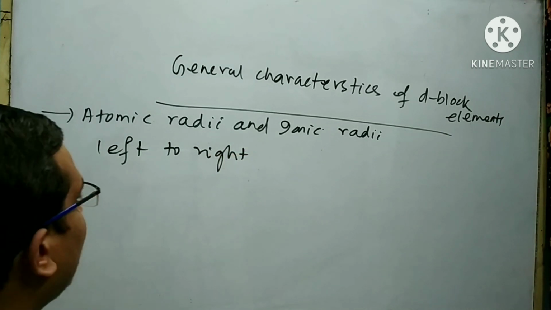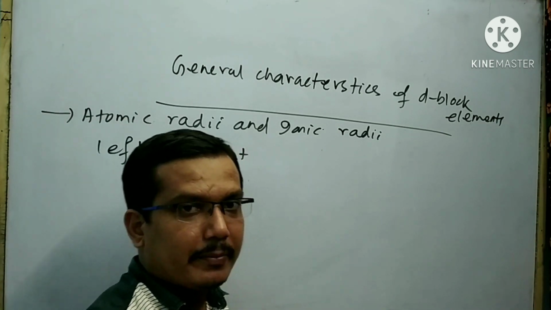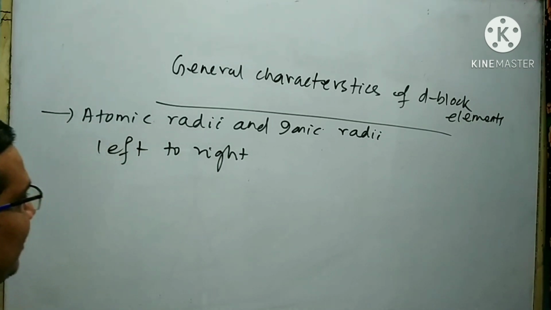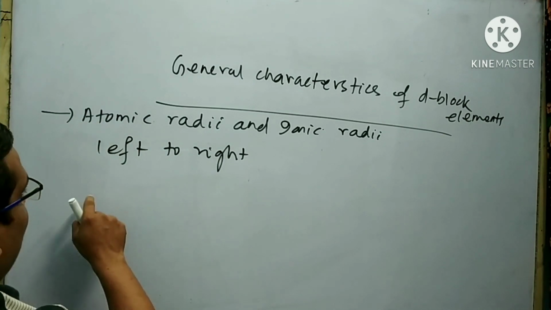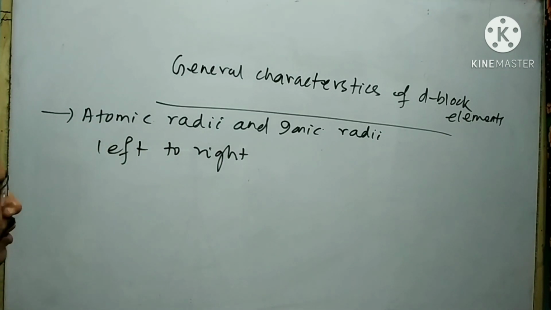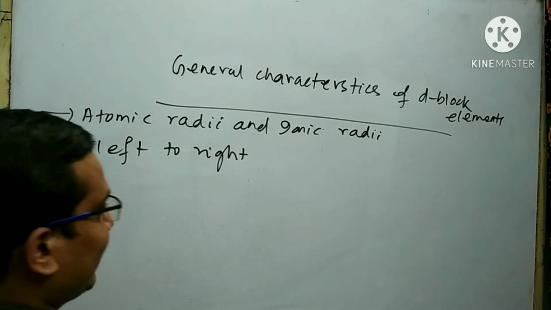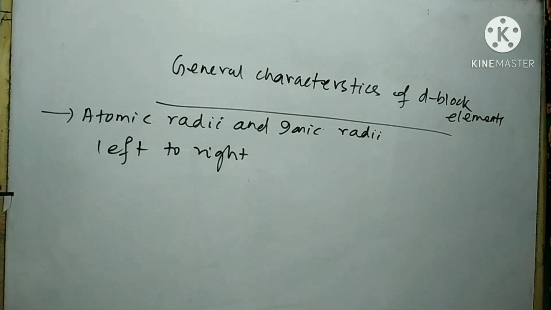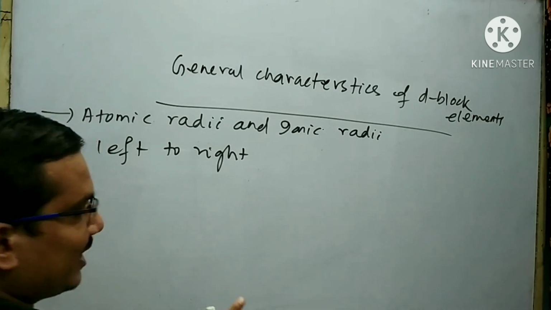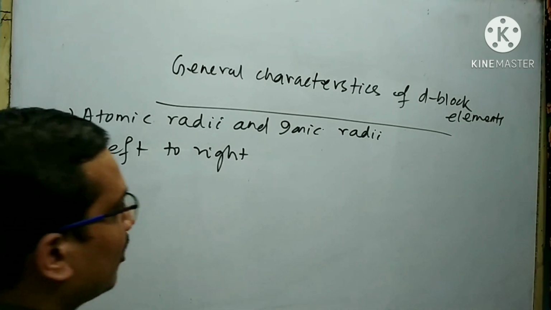This is due to the increase in the effective nuclear charge. That means, if I move left to right of a periodic table, then the effective nuclear charge increases. Due to this, the atomic radii and ionic radii also decrease. But in case of D block elements, this decrease is very small.